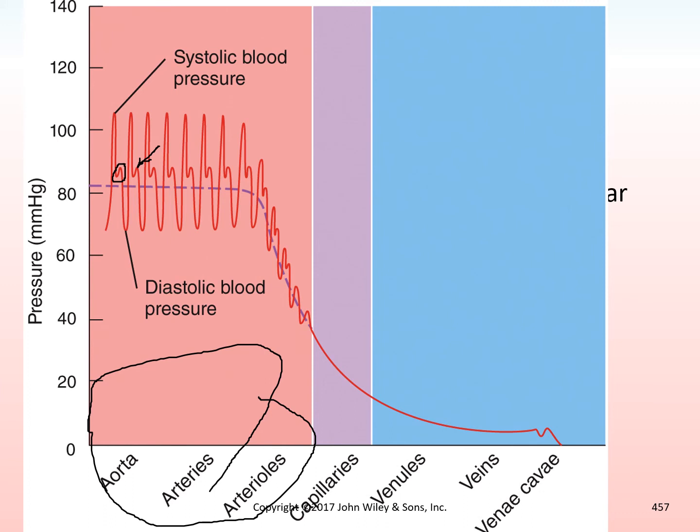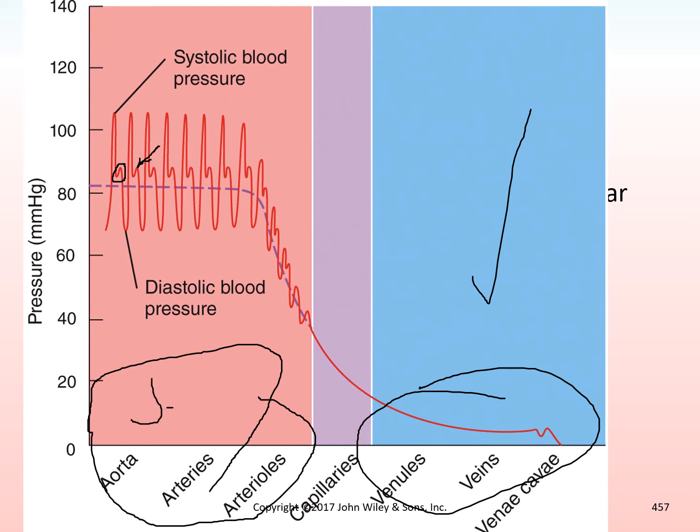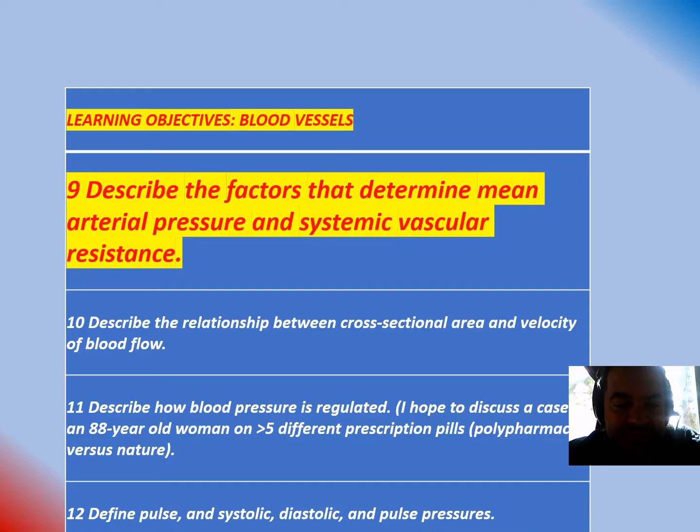Anyways, you'll notice in the venules and the veins and the vena cava, the blood pressure is very, very low. But most of the blood is actually here. So I call the arteries jet wash because it's like, psht, blowing the blood. And then the veins are more like a slow, slow river.